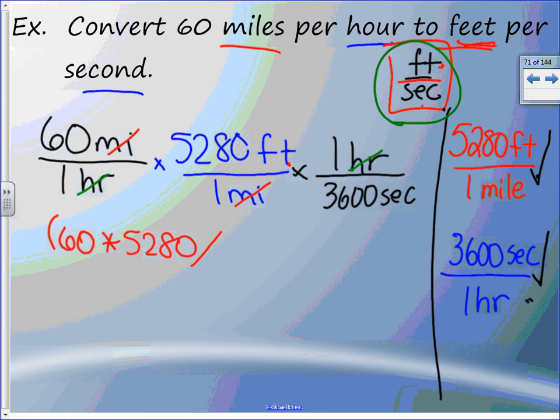Since there's only one number in the denominator that's not 1, 1 times 3600 is just 3600. I need a parenthesis around both the numbers in the numerator because there are two quantities in the numerator that aren't 1, and then divided by the denominator. Now, if I had two different numbers in the denominator that weren't 1, I would need a parenthesis around the numbers in the denominator, but I do not. That's why the 3600 doesn't need a parenthesis.